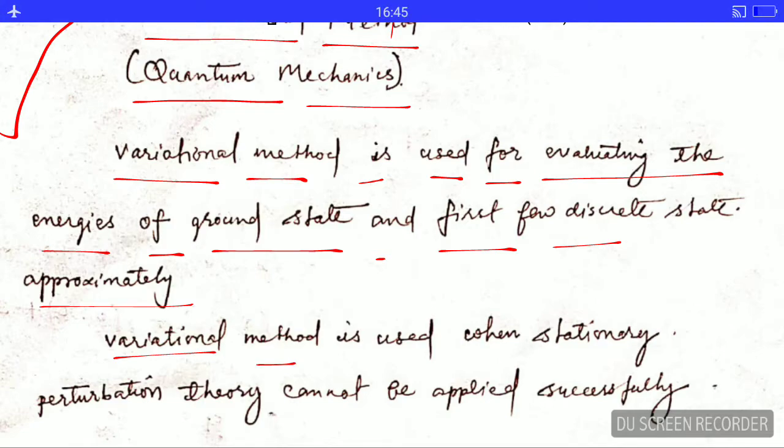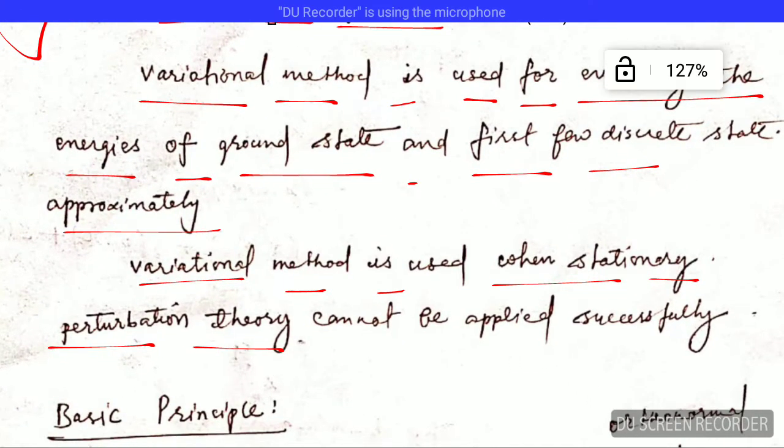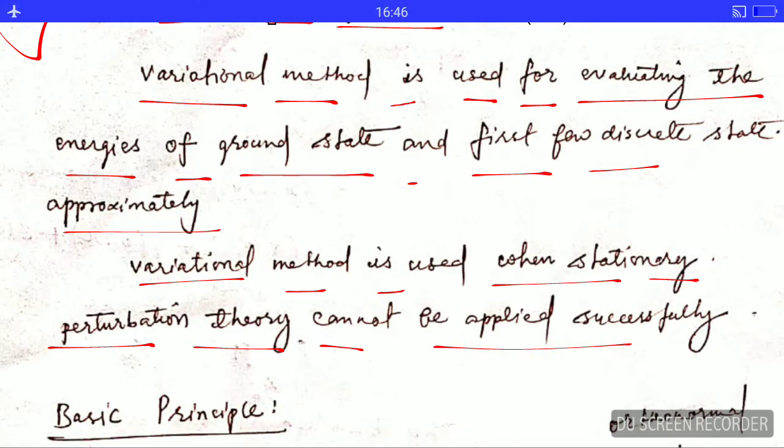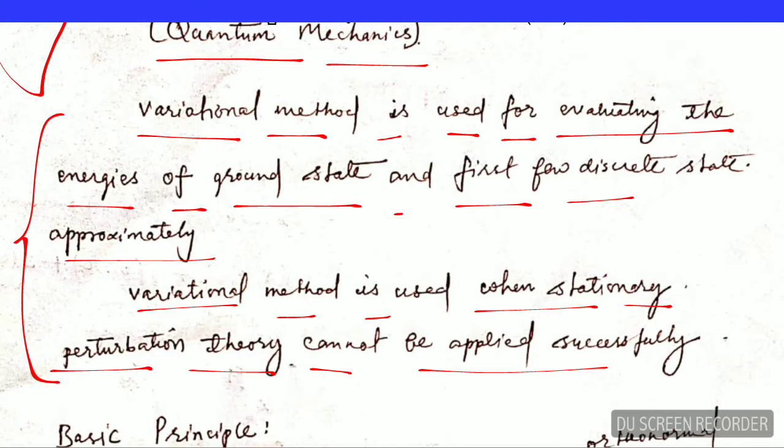It is used when stationary perturbation theory cannot be applied successfully. So in this part you have seen what the use of the variational method is.